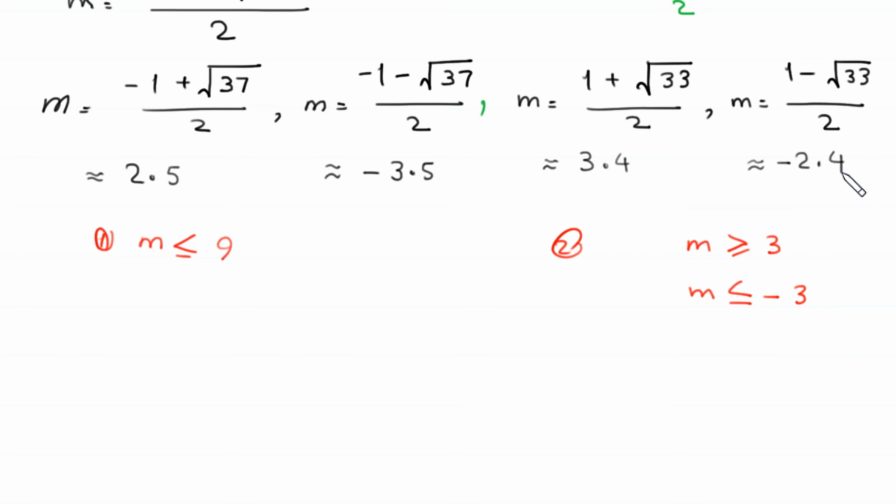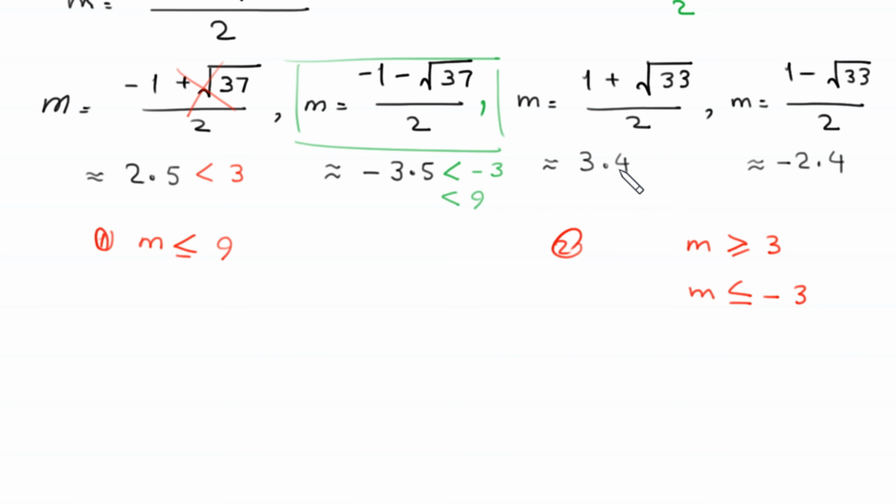So this value 2.5 is less than 3, so this will be rejected. This value -3.5 is less than -3, less than 9, so this value of m is valid.